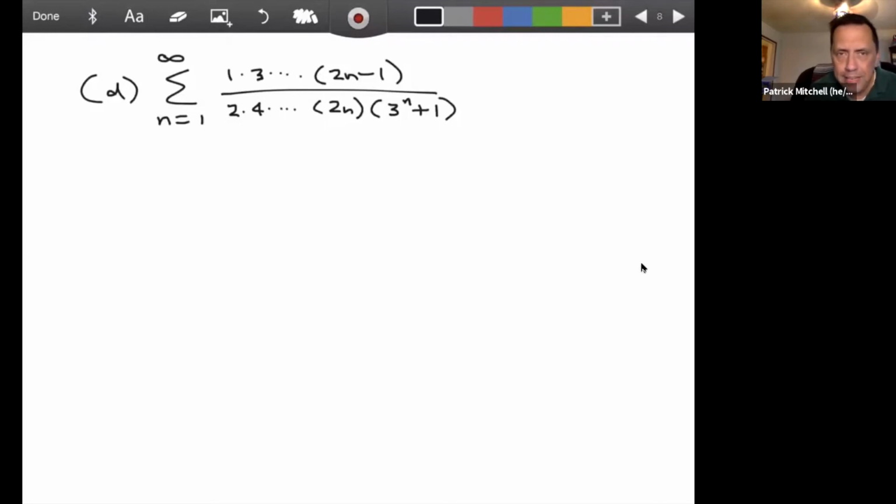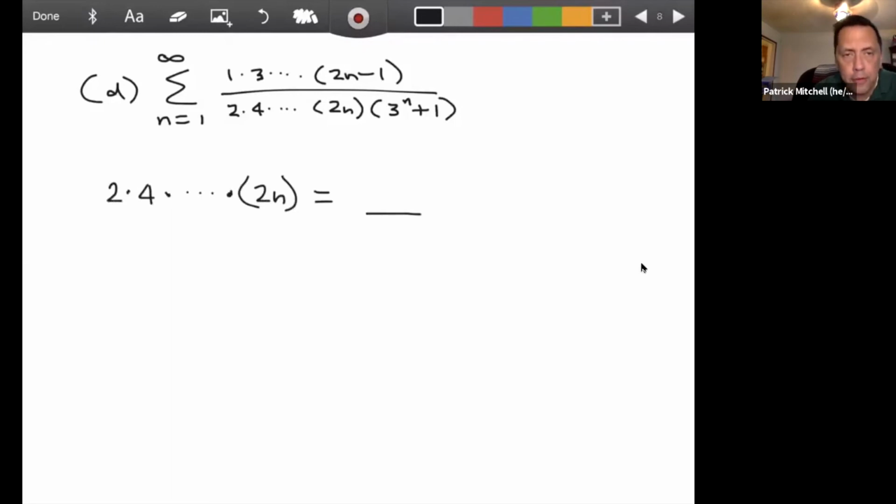So let's start with the even number factorial. 2 times 4 times ... times 2n. What I'm going to do is break a factor 2 off each of those.